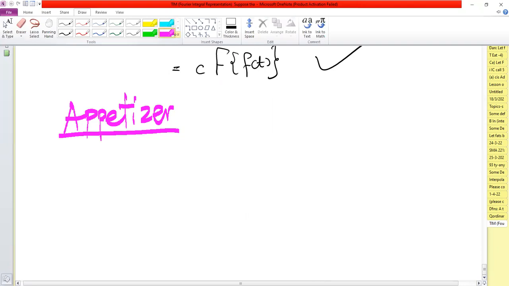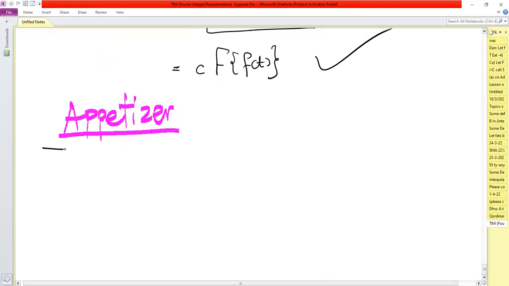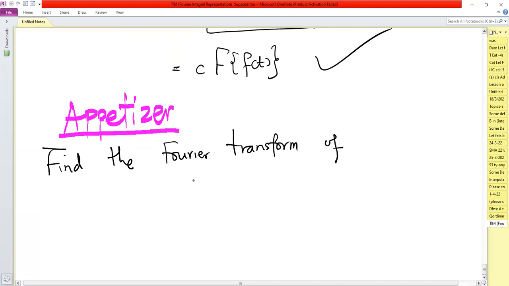So the example says, find the Fourier transform of this function: u of t e raised to the power negative t plus u of t e raised to the power negative 2t. Note that u of t is the unit step function.